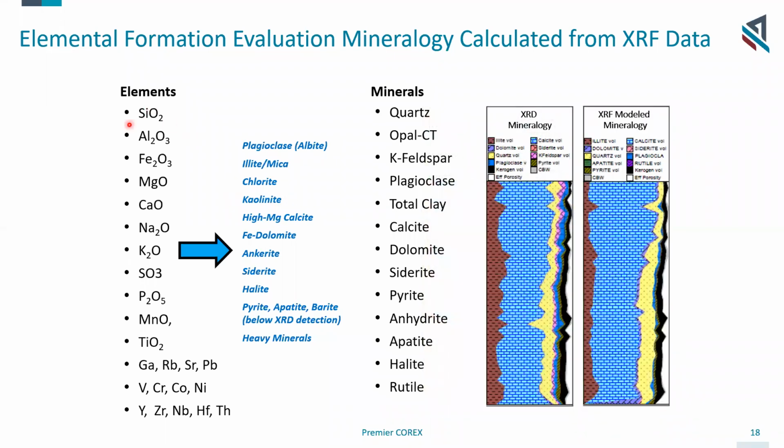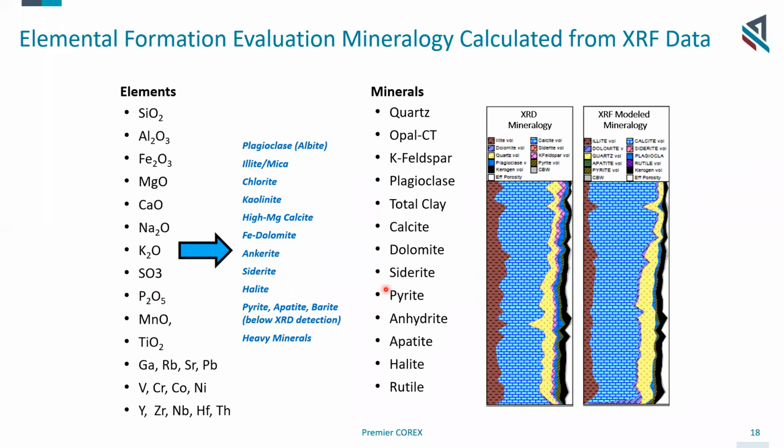So all of the silica is allocated initially to quartz, and then to the opals, etc. The aluminium oxide is applied to the total clays. The calcium oxide, in the first instance, is all allocated to calcite, and then into dolomite, etc., using this sequence of allocation.